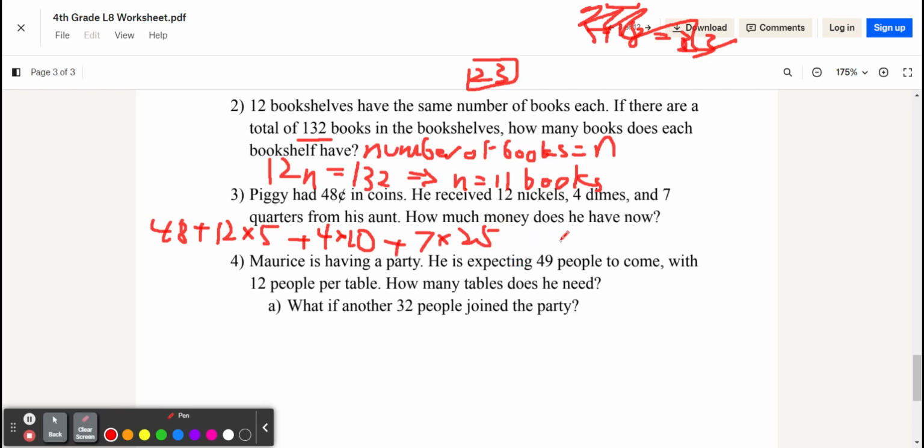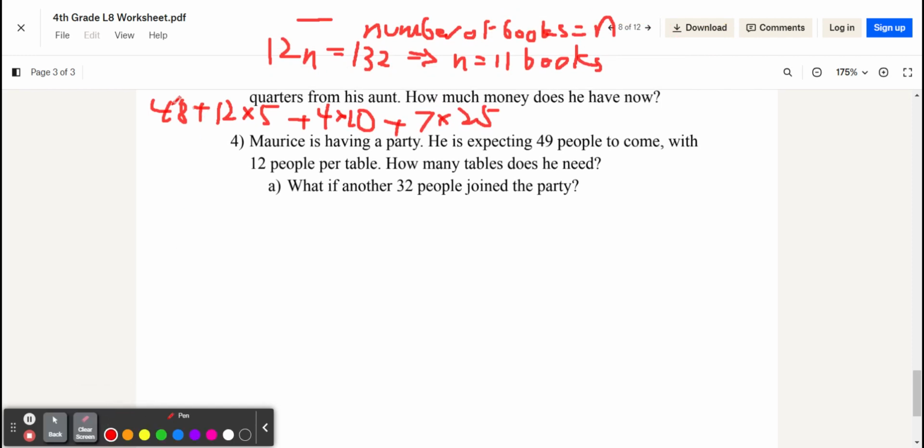And then we have to find what this equals. So because of PEMDAS, we're going to be doing the multiplication first. Let me move over here. Sorry, I'm intruding on problem number 4, but we will get 48 plus 12 times 5 is 60, plus 4 times 10 is 40, plus 7 times 25 is 175.